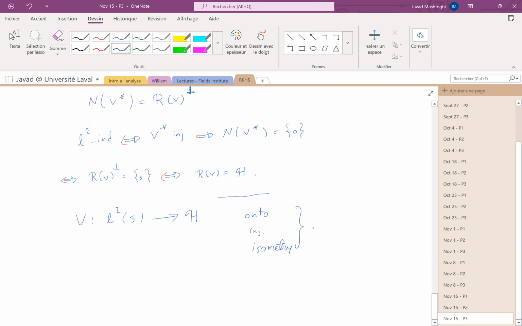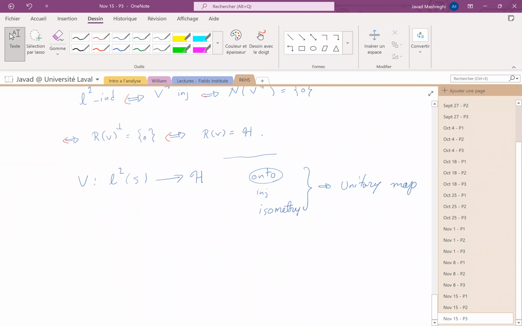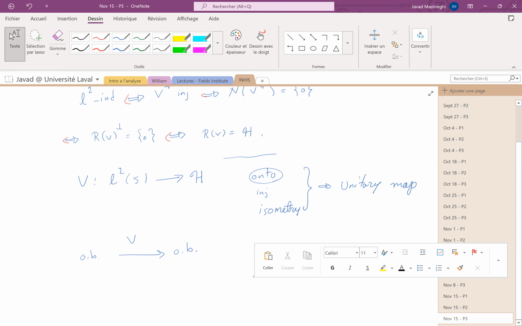So the only thing that was missing was this one. And so it's a unitary map. And having a unitary map means that V maps an orthonormal basis into an orthonormal basis. So we are done.